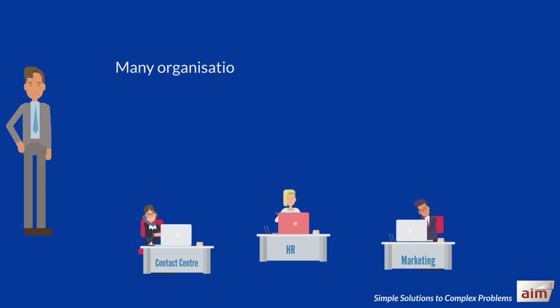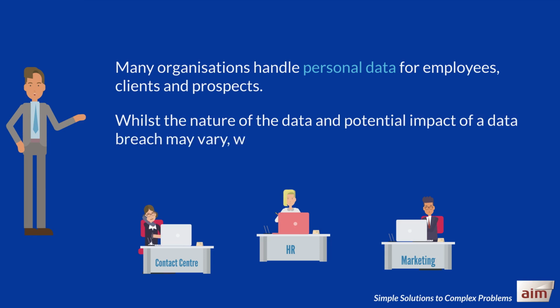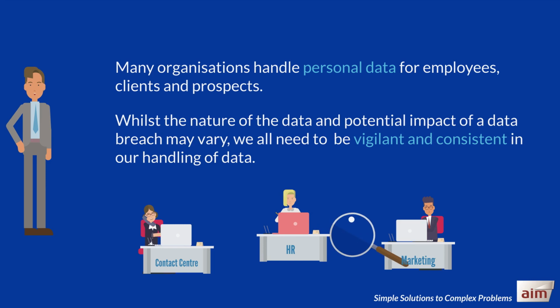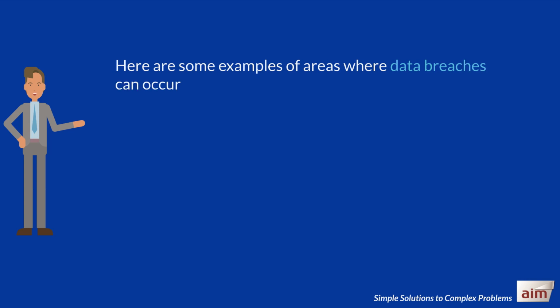Many organizations handle personal data for employees, clients and prospects. Whilst the nature of the data, and the potential impact of a data breach may vary, we all need to be vigilant and consistent in our handling of data. Here are some examples of areas where data breaches can occur. Service desks or contact centers.